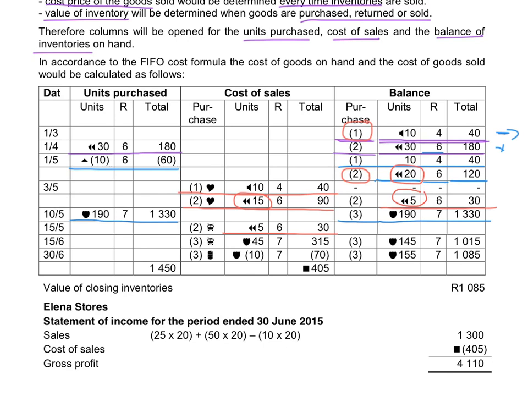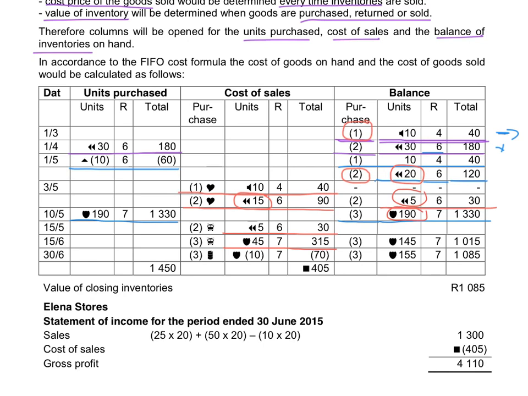and the cost price of that sale is R30. We sell in total 50 units, so it means out of group number 3 we have to take the additional 45 units with a cost price of R7 each. So the cost price of the 45 units sold is R315.